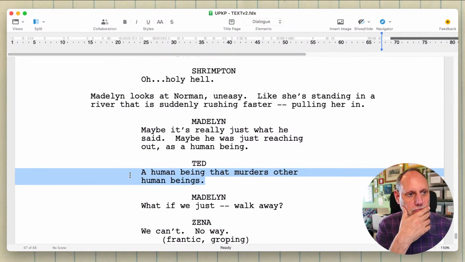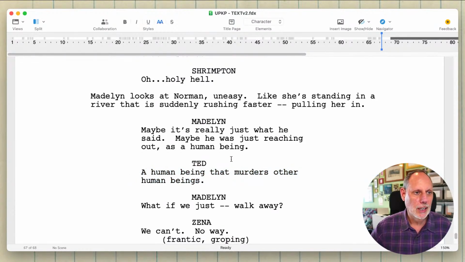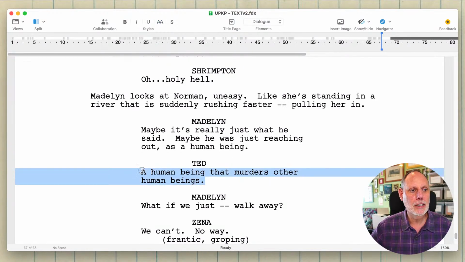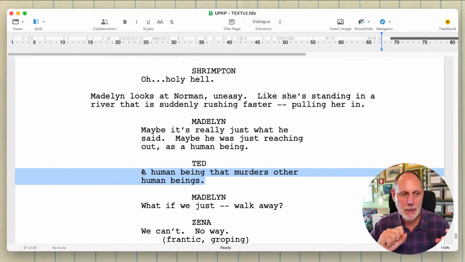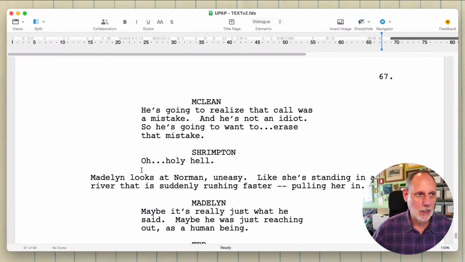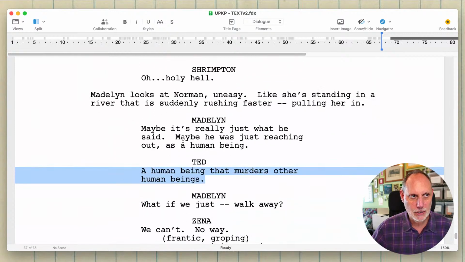I think what I need to do, when you get a line like this, there's got to be a little bit of a back and forth, so somebody has to argue with her. McLean has made his point.